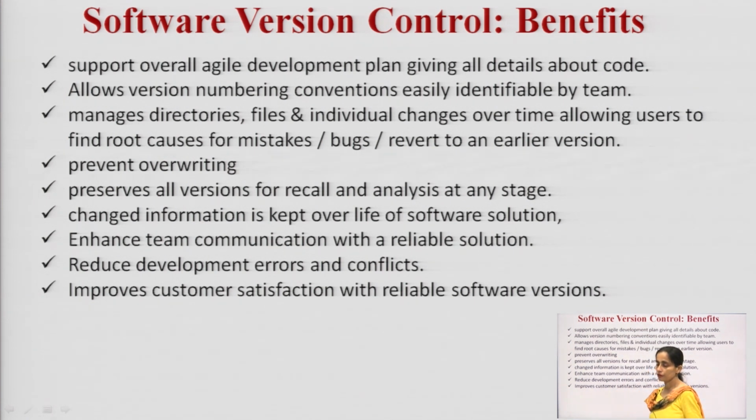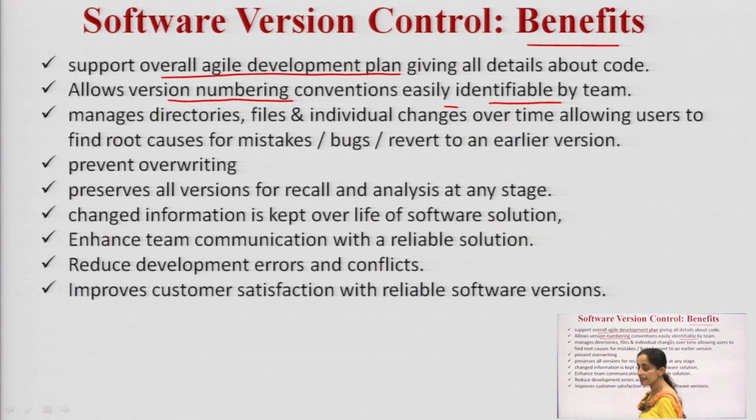Doing and maintaining the different version control of software results in various benefits: it supports the overall agile development plan. Then it allows different versions with numbering conventions, so that they are easily identifiable by the team members. It manages the directories, files and individual changes allowed by the users. Then it prevents overwriting, that is the major benefit.